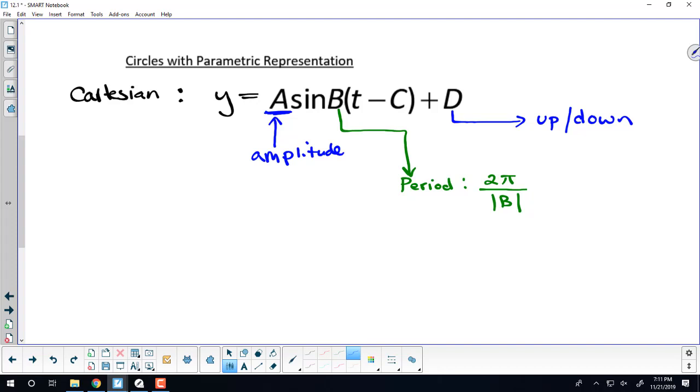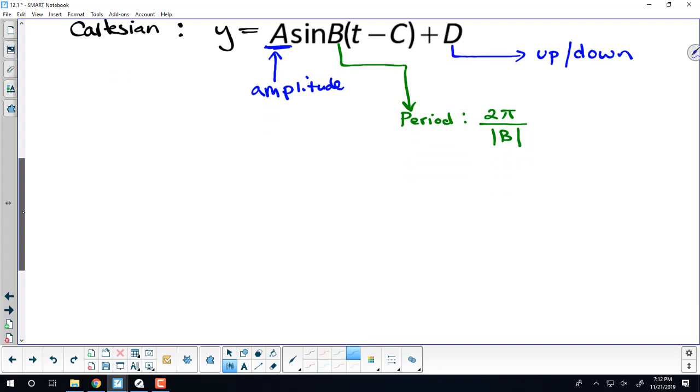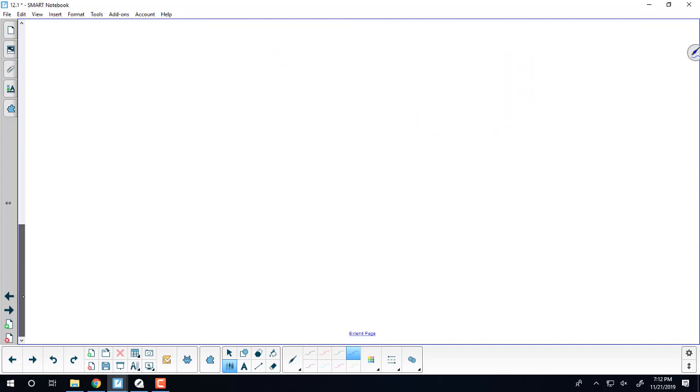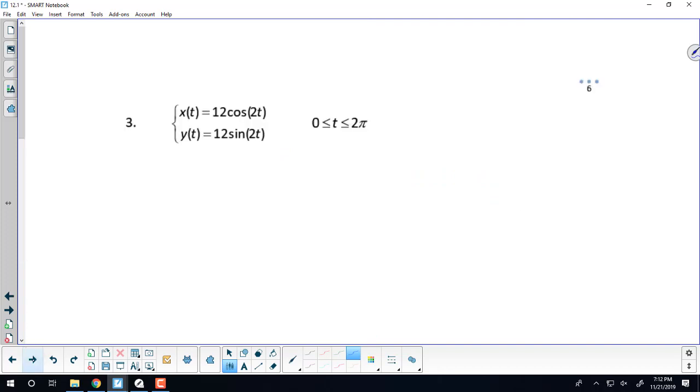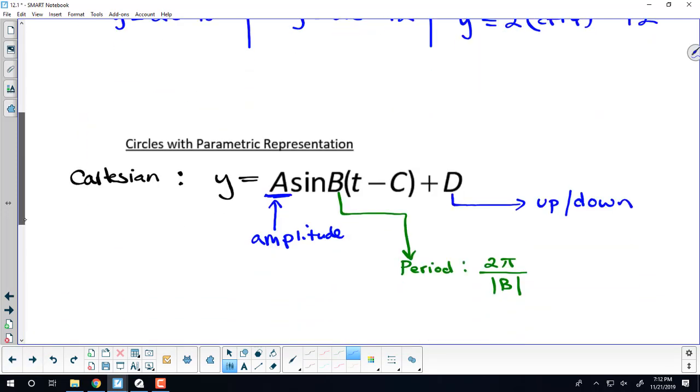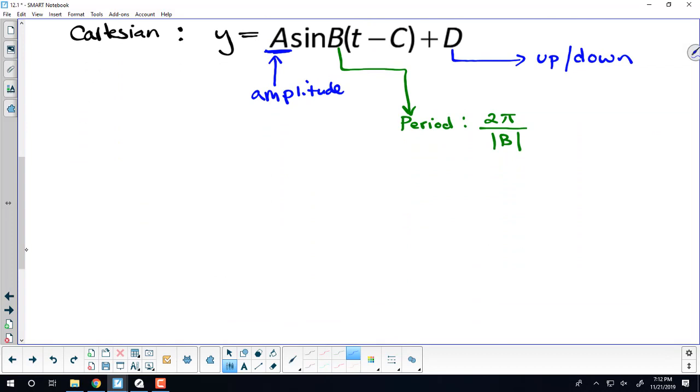We don't deal with ones that have a minus c in there. Do I have that written down? I guess I don't. Okay, so it's parametric.